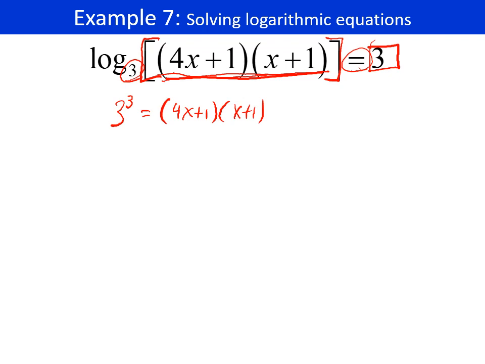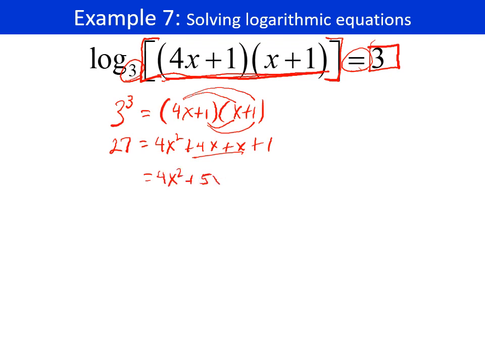3 to the third power is 27. When we multiply this out, here's the 4x squared plus 4x plus x plus 1. We can combine the x's. Subtract the 27.